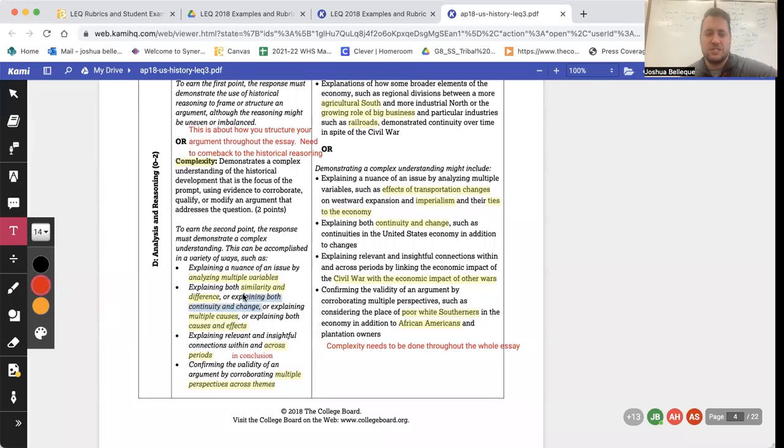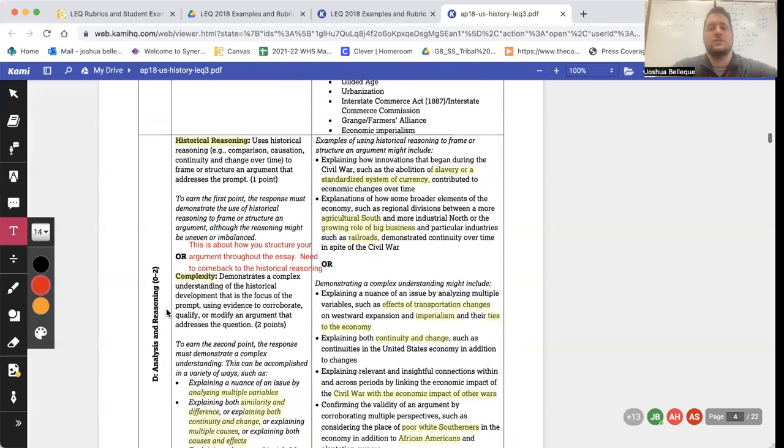You're making connections, analyzing things in multiple variables, looking at similarities and differences. You're explaining both continuity and change. You're looking across time periods in your conclusion, looking at different perspectives, and you have a counter argument. This kind of stuff is done throughout the essay.